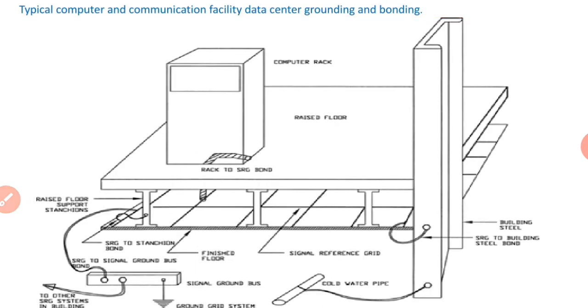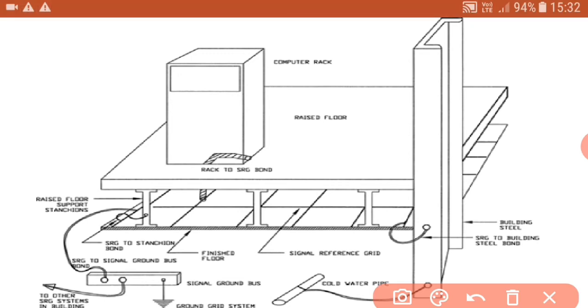Now this is typical computer and communication facility data center grounding and bonding. Here we can see the signal reference grid. We have already seen that there are squares, about 2 feet squares, and the wire gauge is about 2 AWG.